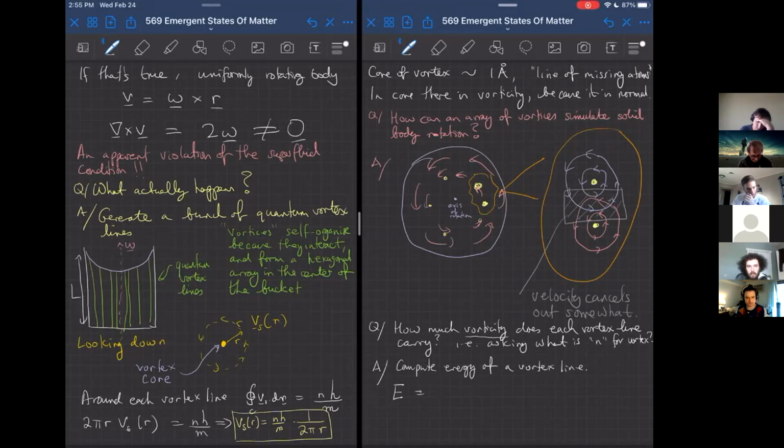It's going to be the integral over space of a half rho s, the density of superfluid, velocity squared, that's the kinetic energy, d3r. So that's what our energy is.